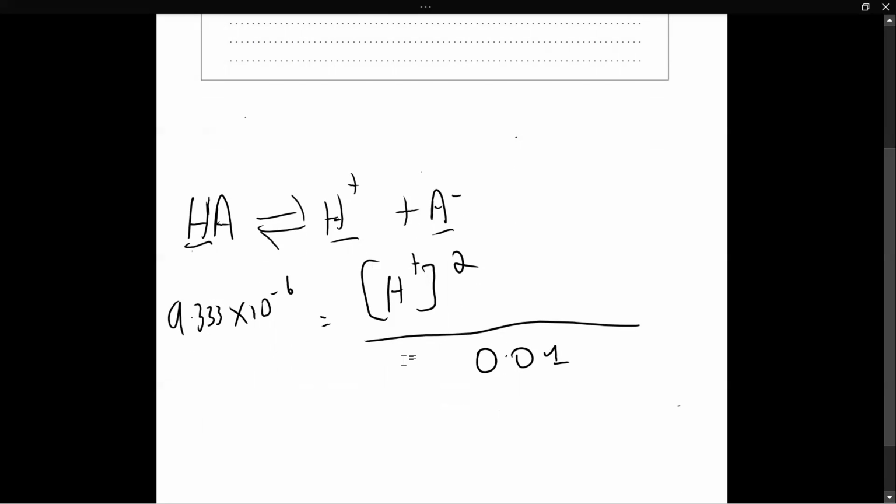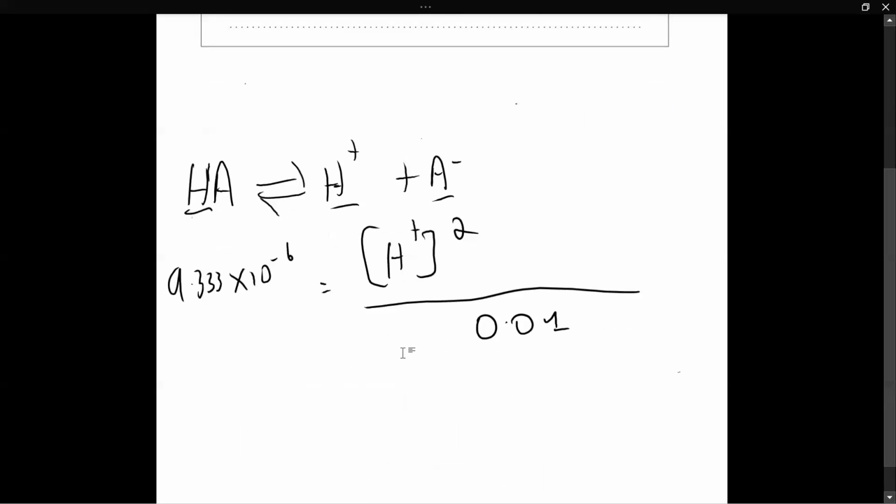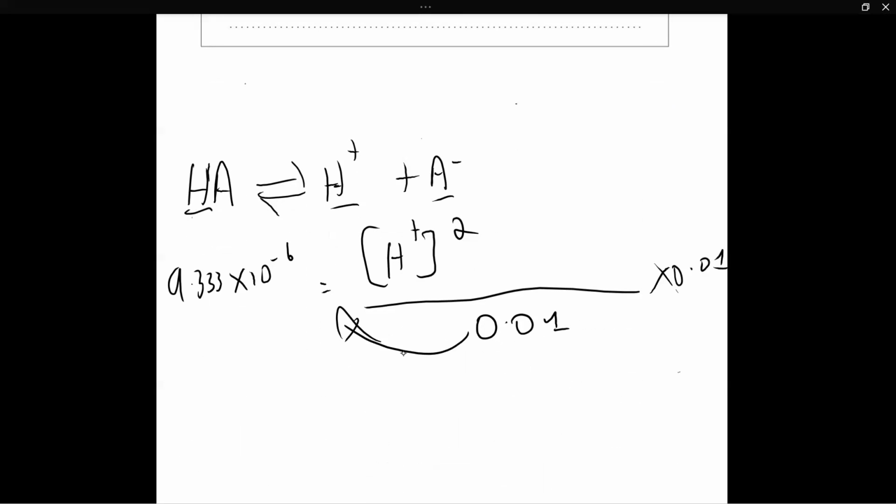So now all we have to do is rearrange this equation, and then we will find out the concentration of H plus. We multiply this side by 0.01, so this cancels out, and we multiply the other side by 0.01, because whatever you do to one side, you have to also do to the other side.